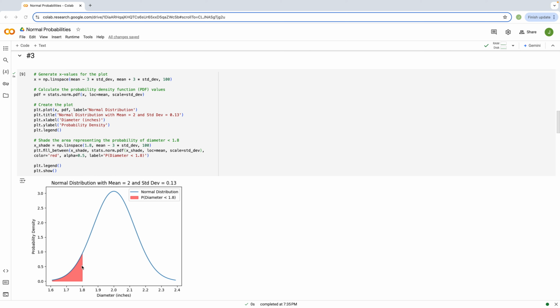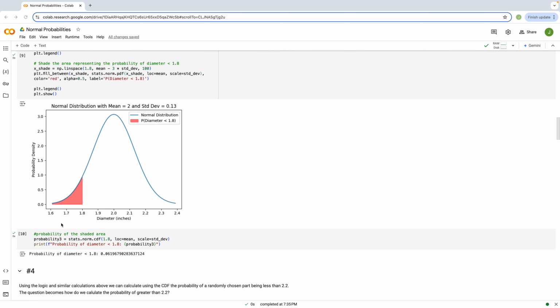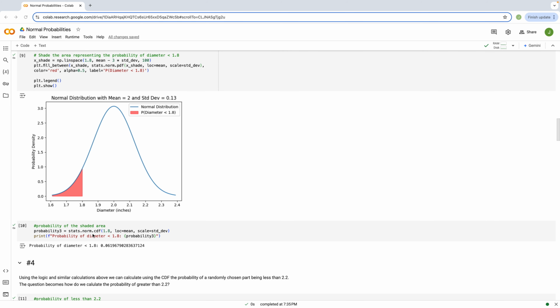This shaded area, everything to the left of 1.8, is the probability of less than. That's the definition of cumulative. We can calculate this with stats norm CDF, the cumulative distribution function, and it gives us about 6% probability that it's less than 1.8 inches.